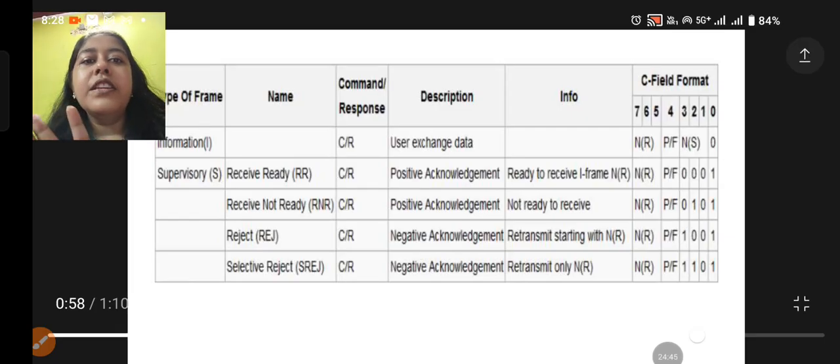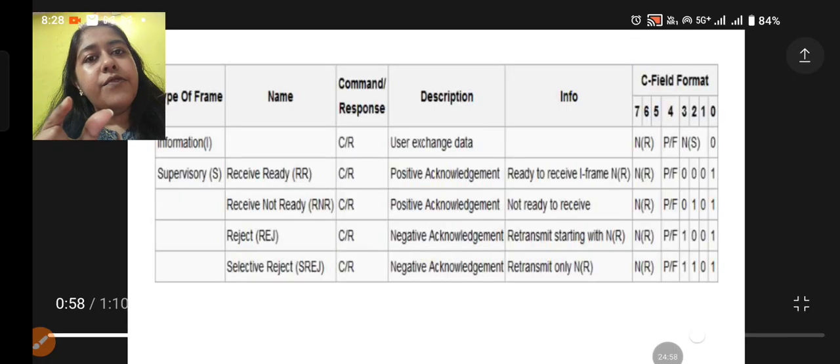Mainly the four things you have to keep in mind: RR, RNR, REJ and SREJ. These are the same things we have studied. In selective repeat request, only the frame which is corrupted or lost is retransmitted.